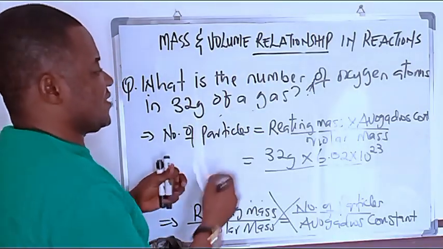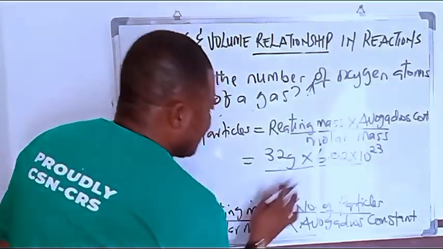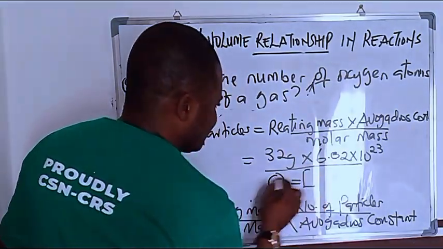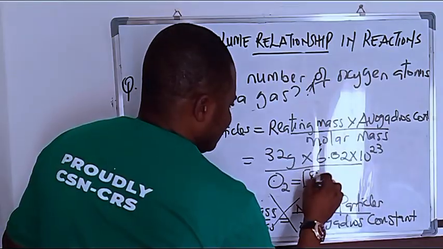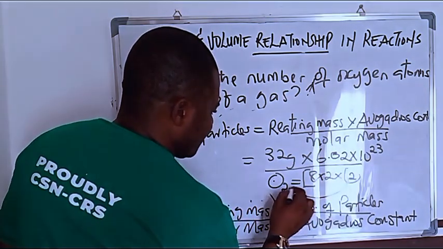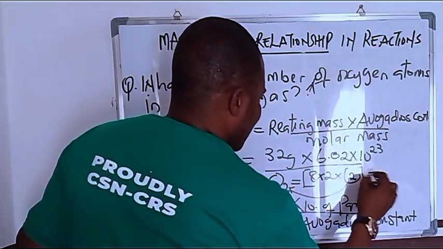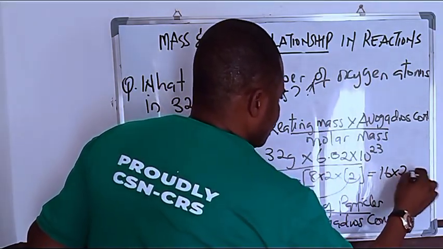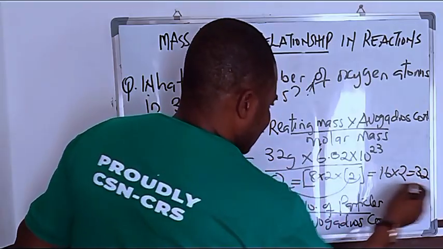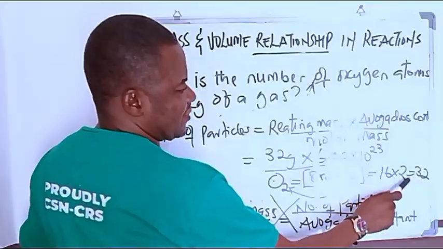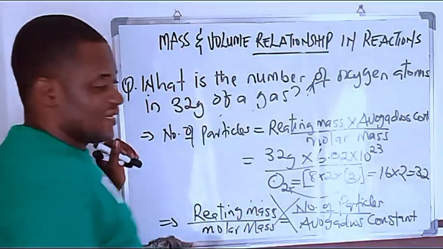But oxygen here is O2, so the molar mass of oxygen is simply 8 times 2 times 2. This 2 is for the two atoms in the molecule. So 8 times 2 is 16, and 16 times 2 is 32. That means the molar mass for oxygen is 32.